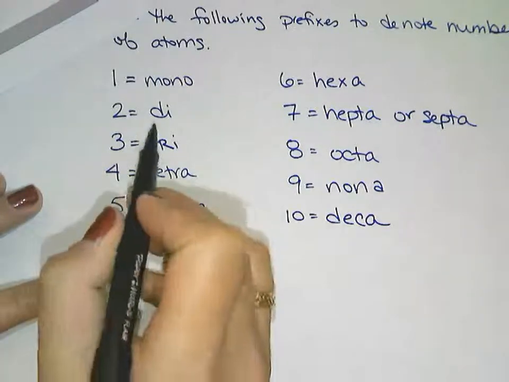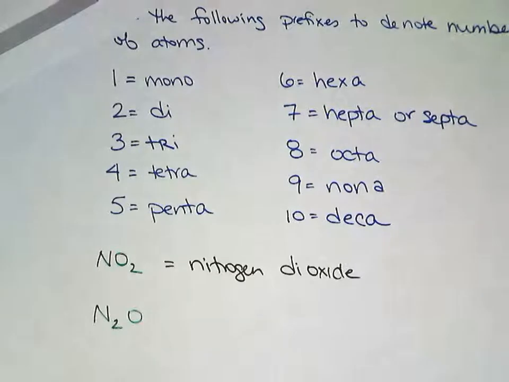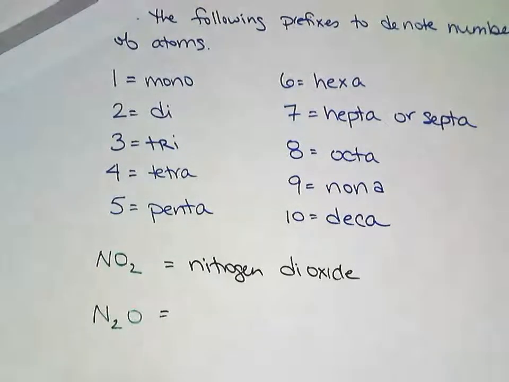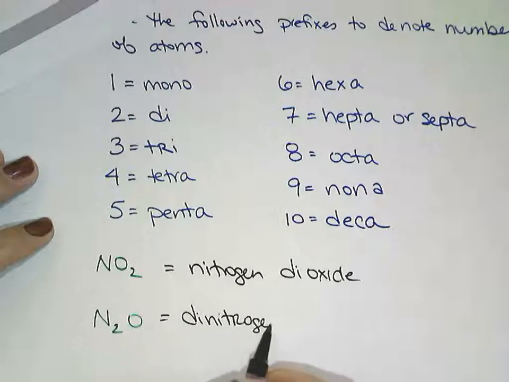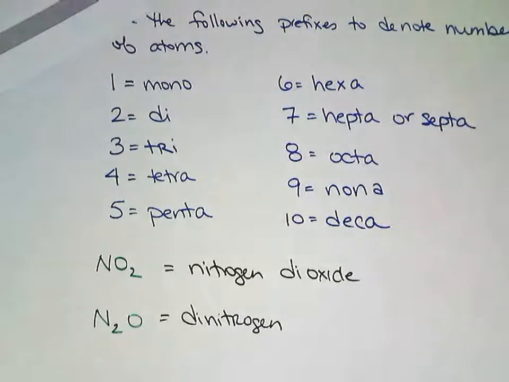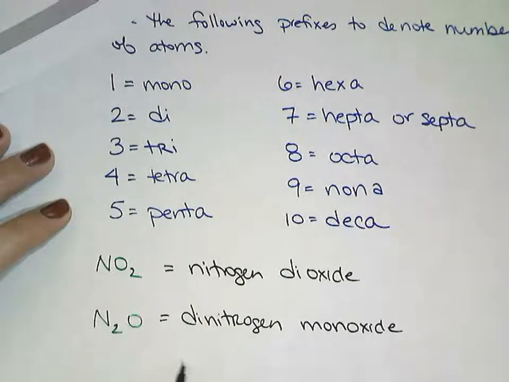Nitrogen, and then there's 2 oxygens, so dioxide. Okay, how would I tell the reader that this is different than that one? What would I call this one then? And then what would I call the second half of it? Either monoxide or just oxide, both of which are fine.